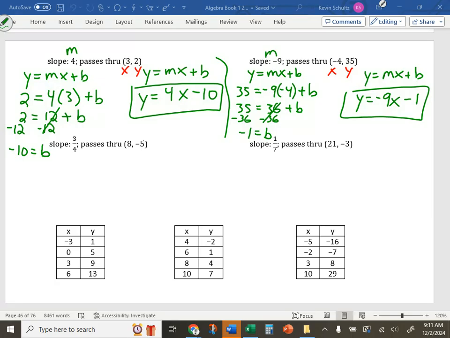So we're building up, right? Those first 6 questions, I gave you both pieces. You just had to plug them in. Now, I give you one of them. You've got to find the other. Tomorrow, we're going to look at finishing this with some fractional slopes, but then also, how do you find them both? How do you solve for the slope and the y-intercept to put it in slope-intercept form? And that's going to wrap up unit number 3.